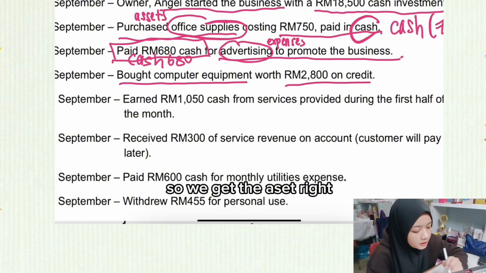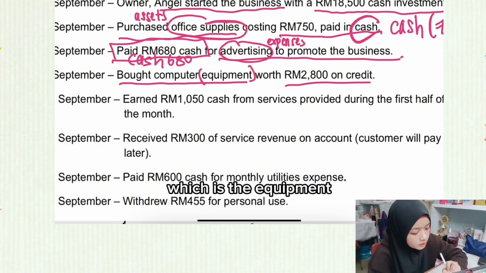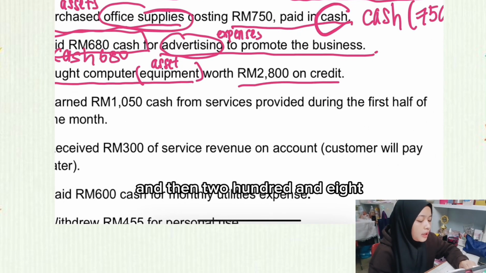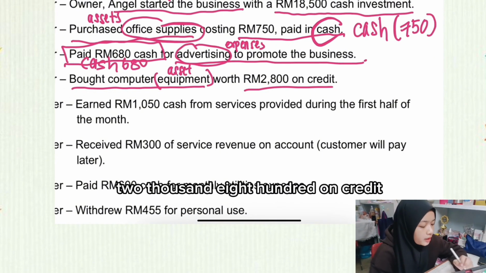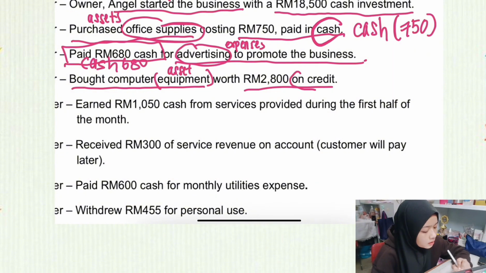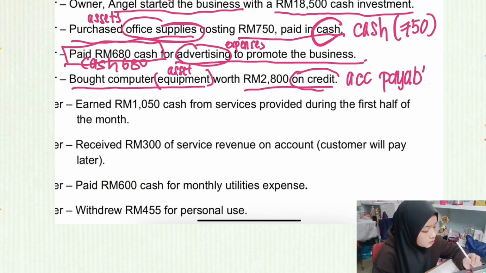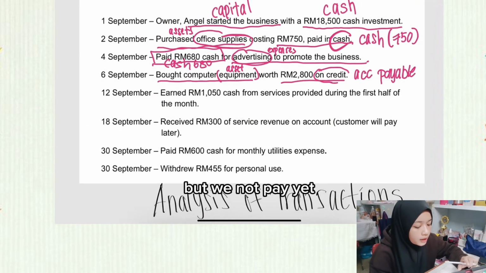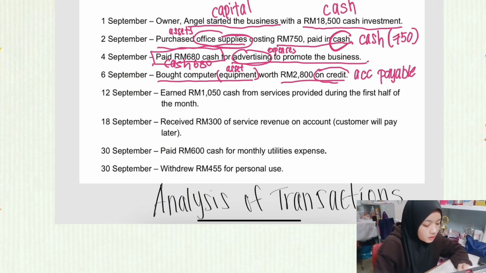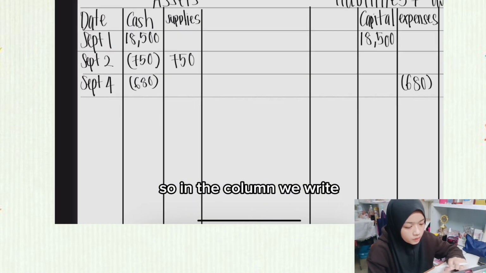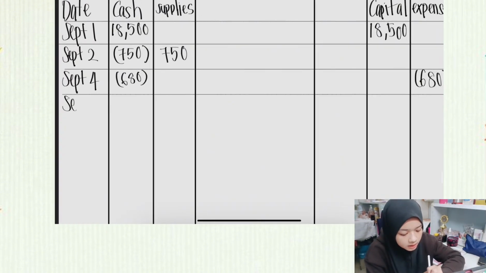Okay, next, 6th September, bought computer equipment worth 2,800 on credit. So we get the asset, right, which is the equipment, our asset, and then 2,800 on credit, which is on credit, account payable, because we have not paid yet. So in the column, we write September 6.